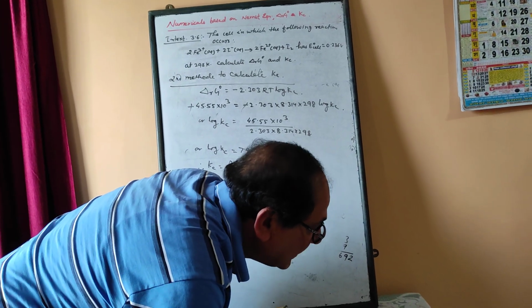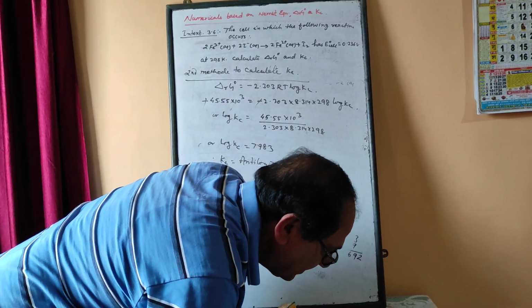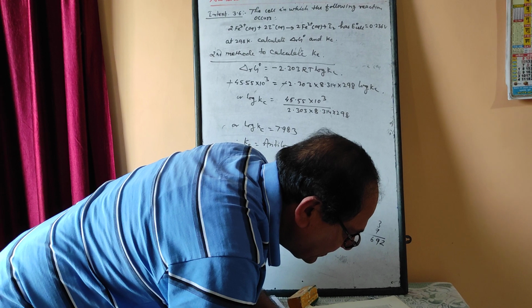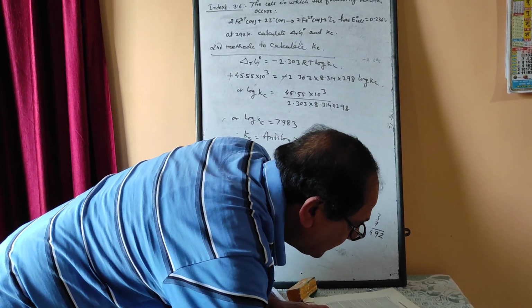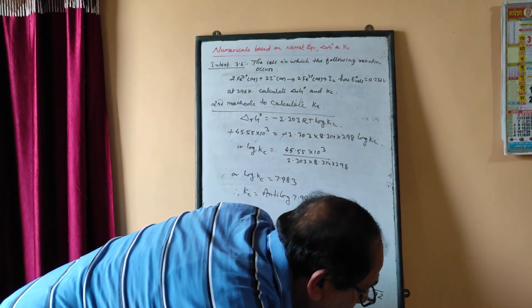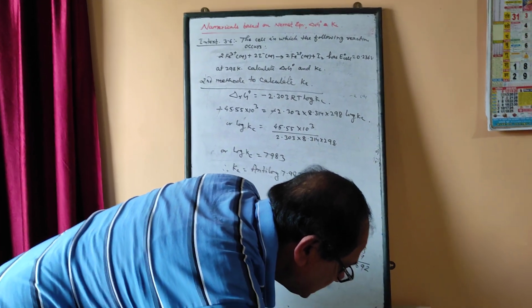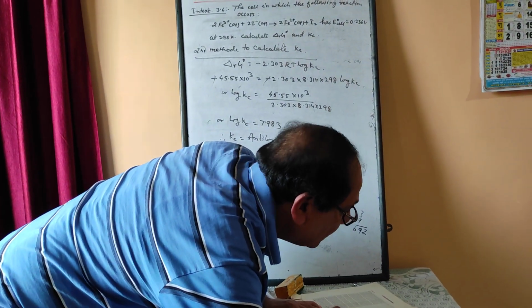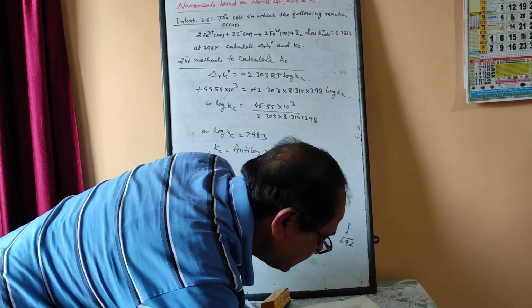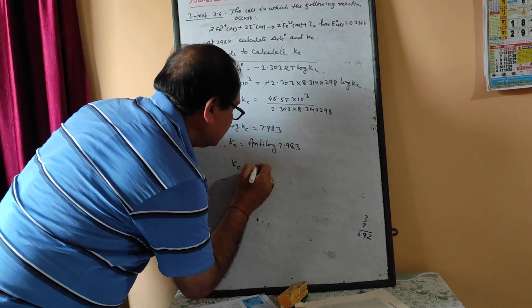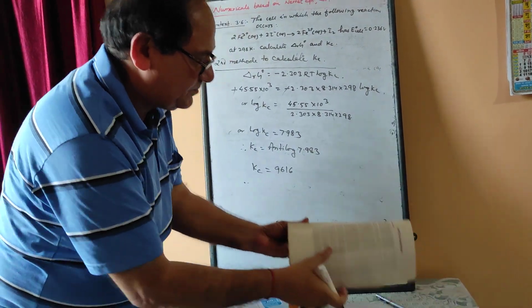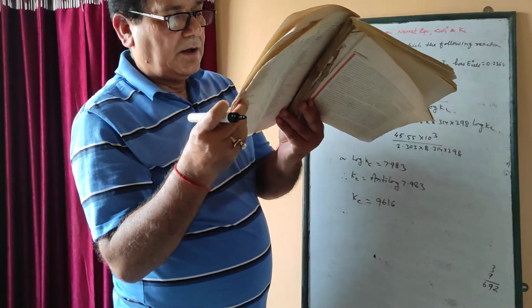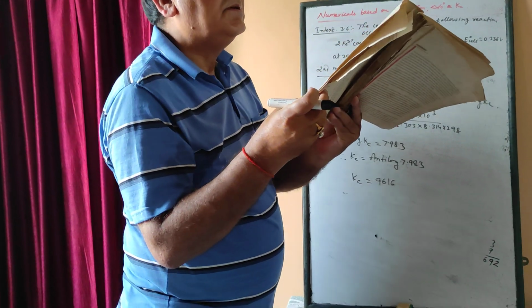This is 0.98 and 3. 96.3, 9616. So this is 9616.